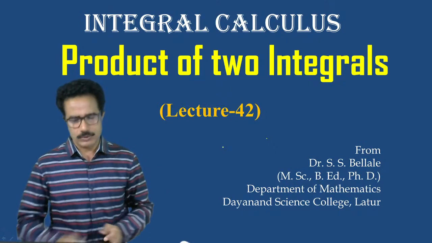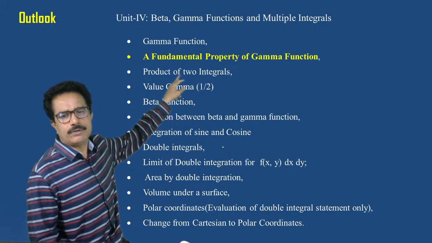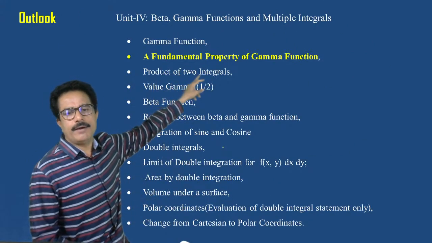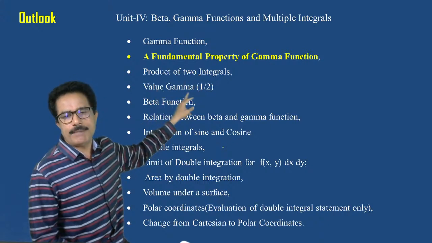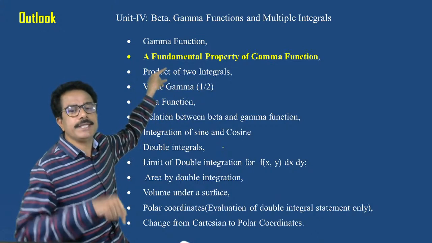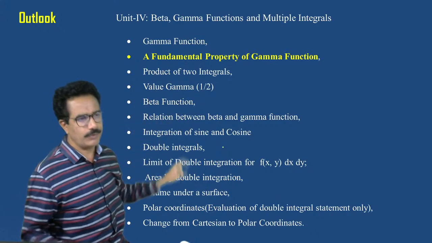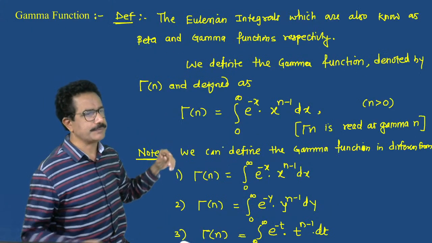We shall discuss today the product of two integrals and the value of gamma 1 by 2. These two bits we have to study in today's lecture. Then tomorrow we shall move towards the beta function.